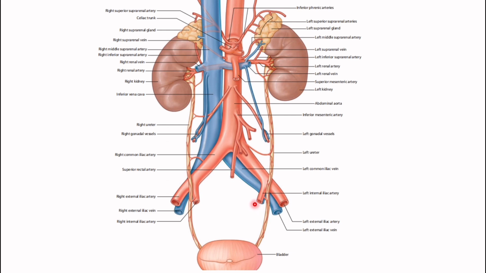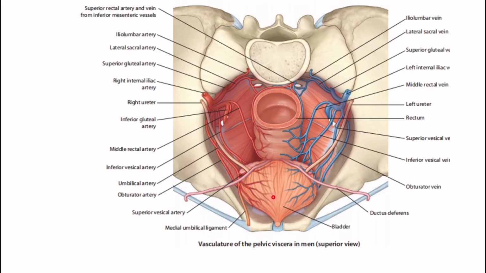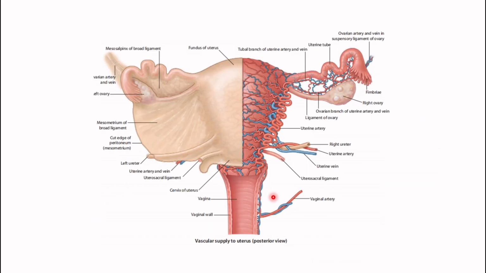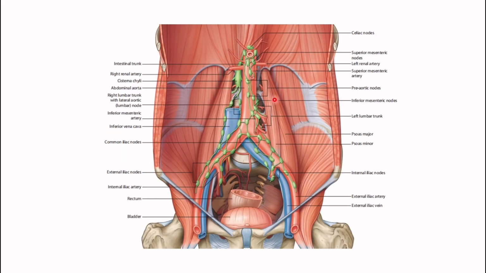Done. Okay, then venous drainage will correspond with the what? With the arteries. Okay, just to say that we will have the renal veins, we have the gonadal veins, then we have the internal iliac veins draining the ureter. Okay, then now for lymphatic drainage.